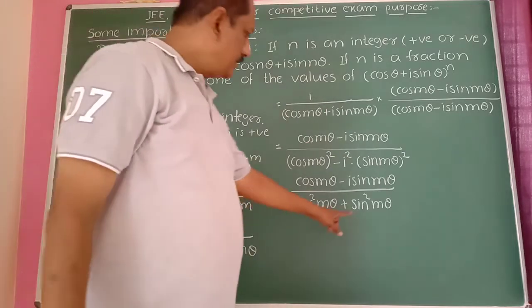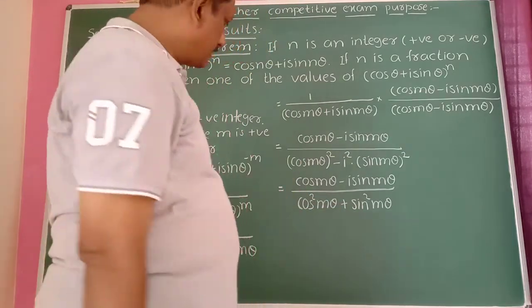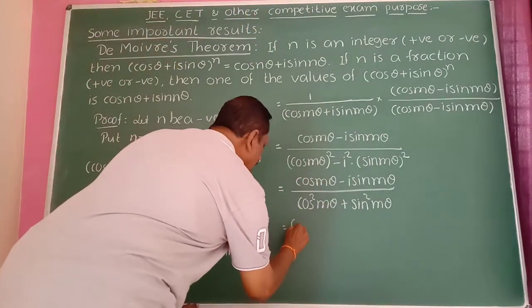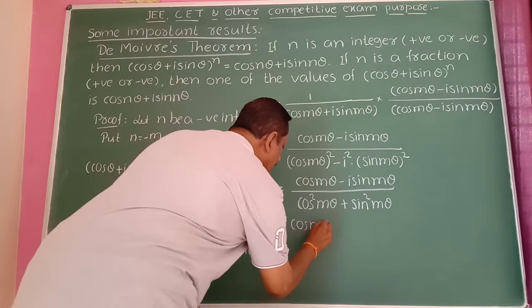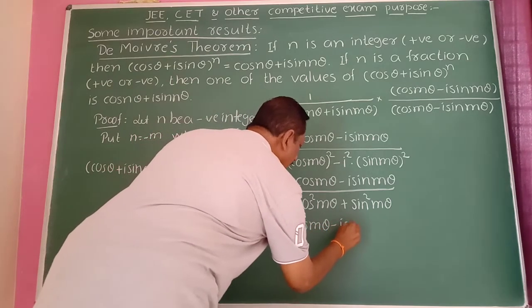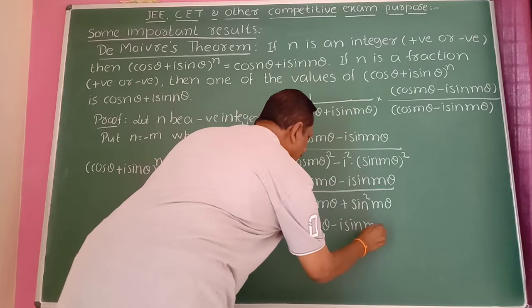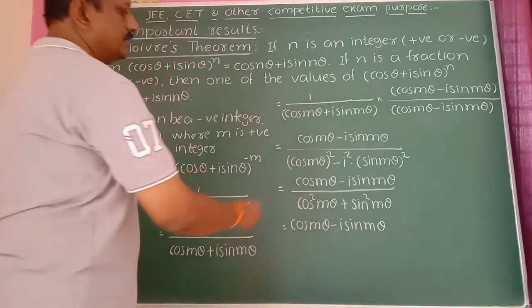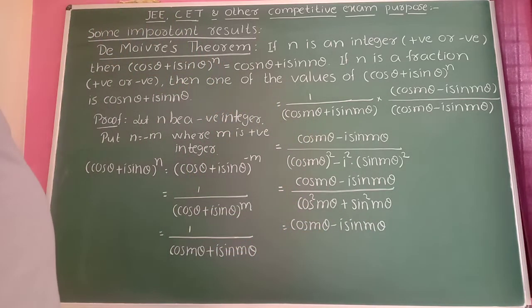And you know sin squared plus cos squared is 1. Therefore remaining only cos m theta minus i sin m theta. Denominator 1 is there, so this upon 1 is again cos m theta minus i sin m theta.